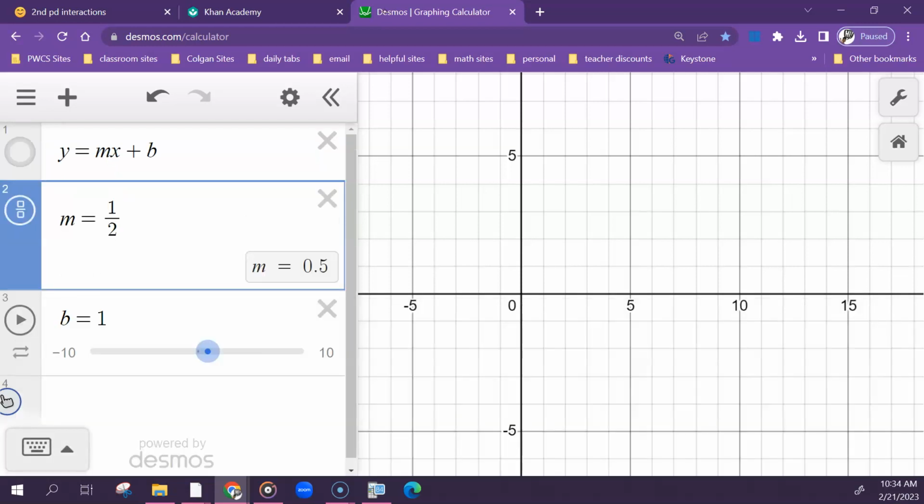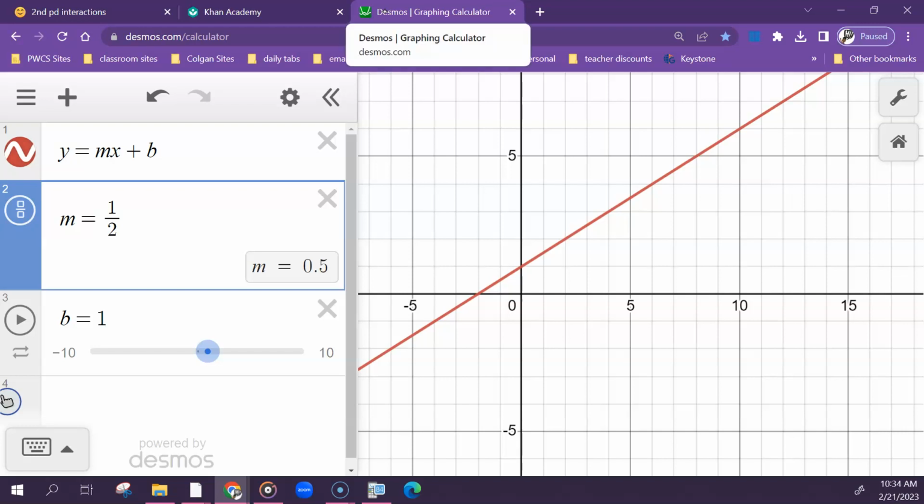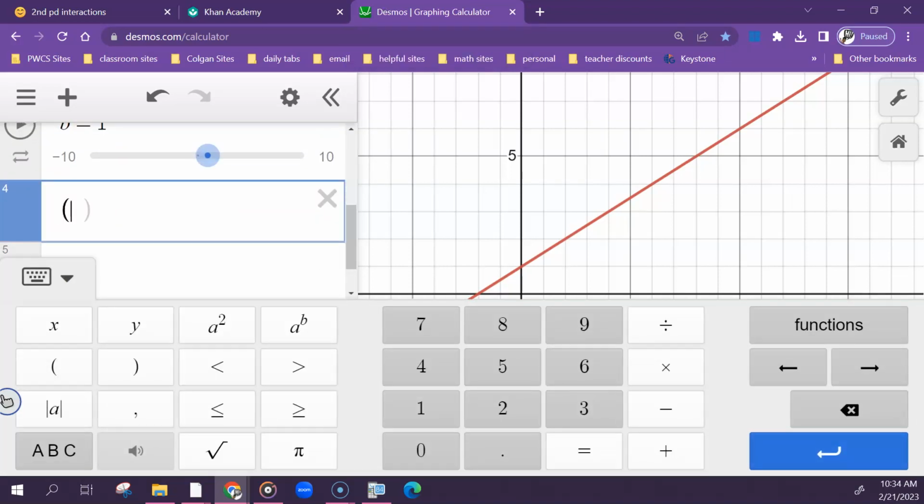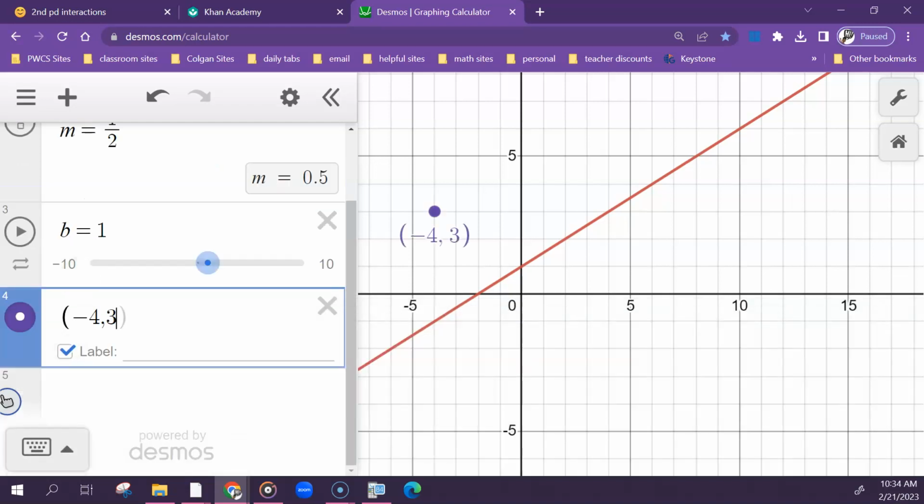We don't know what our b is, but we know it goes through the point. What was that point? 4, 3, negative 4, 3, what was the point? So I'm going to plot that point, label it.